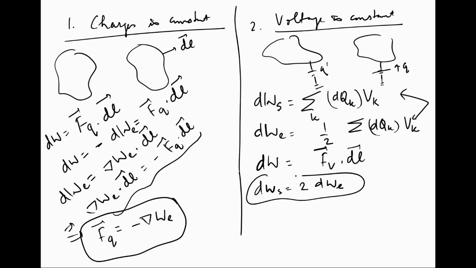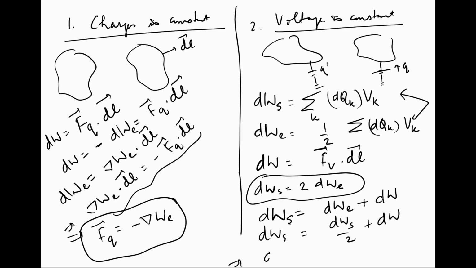Now by the principle of conservation of energy, the work done by the source should be equal to the energy stored plus the energy consumed due to the displacement. So we see that dW_s is equal to dW_s by 2 plus dW. It implies dW is equal to dW_s by 2.